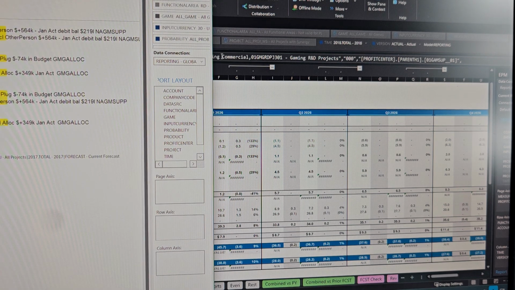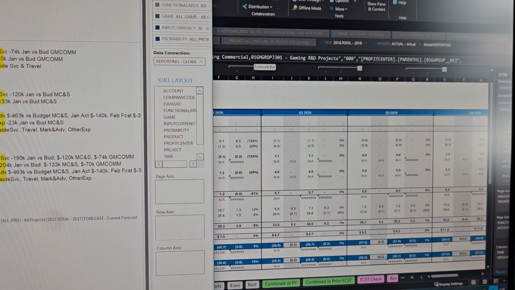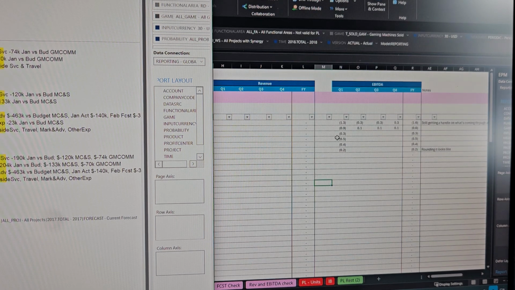Within those three, I'm going to guess a lot of the SG&A is gaming commercial, because that's where the marketing team, I believe, is sitting. If you were to drill down, basically it's in one of these three. The marketing for commercial, assuming I see that in MC&S, is half a million. It's $500,000, and the forecast was increased in February by almost 300K.